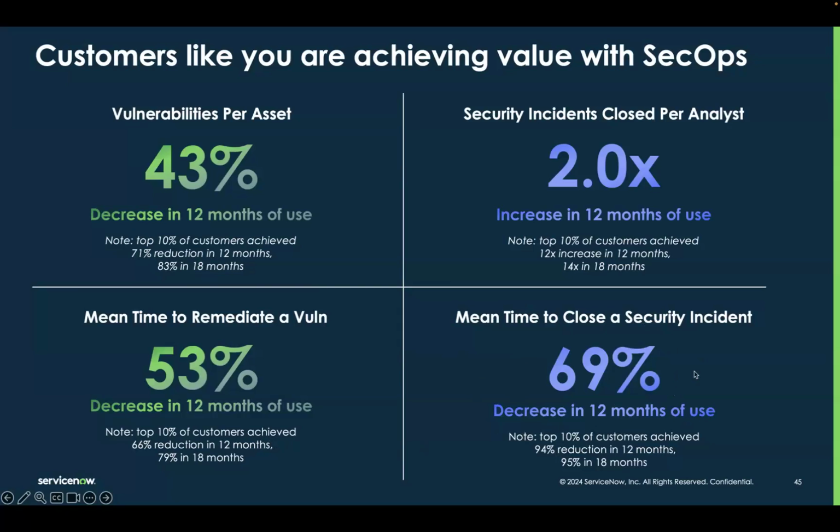That's pretty awesome for the customers to achieve, and our customers have achieved these kind of numbers. And our best-in-class customers are achieving even better results. So these are just some of the examples of the value and the results that our customers are achieving with security operations products.